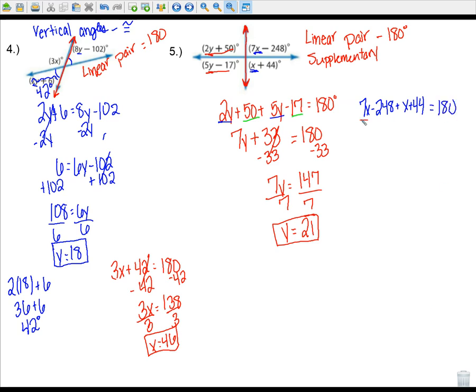And again, like terms. Nothing really changes here. This is the same concept for both of these questions. So 7x and 1x, that's going to give us 8x. 248 and 44 here will give us a negative 204.